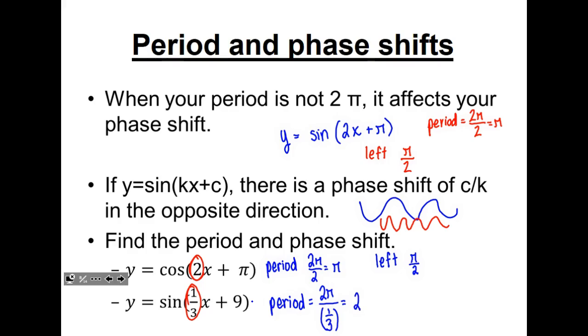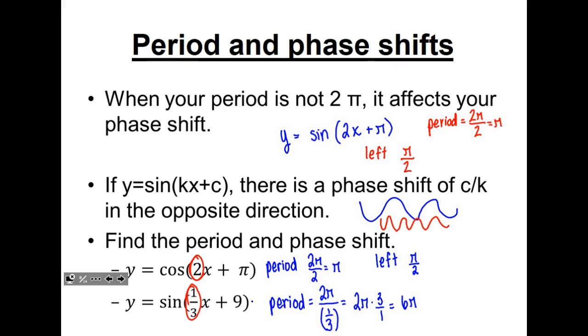So 2 pi times 3 over 1, which is just 6 pi. Okay, questions on that part? So that gives us our period.